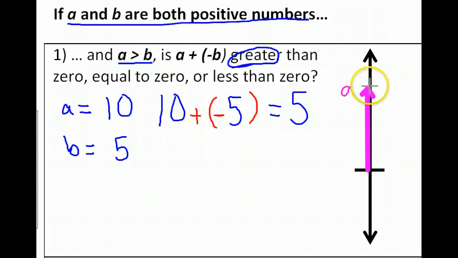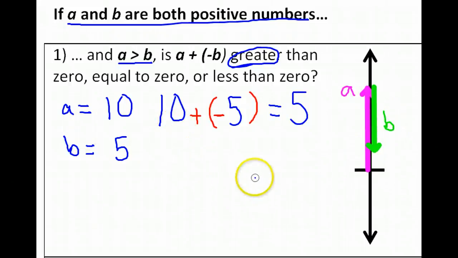Now think of the balloons. My balloon's up here at A. I'm adding a negative B, so I'm adding sand. But I'm adding a number that is not as large as A to A, which means I go down. No matter what that number is, my answer will be above 0. So this is B that I just added.